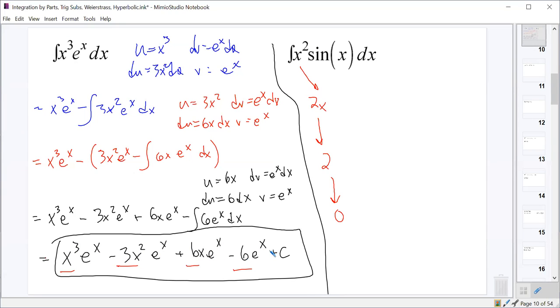And so what is the integral of sine x? Negative cosine x. So these ones we're going to use integrals, and we're going to get negative cosine x. And what's the integral of that?